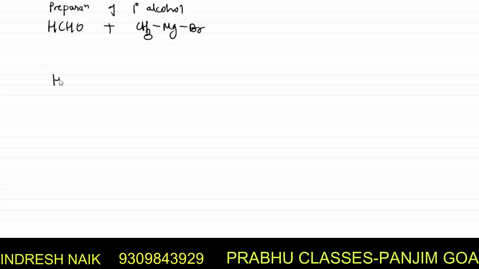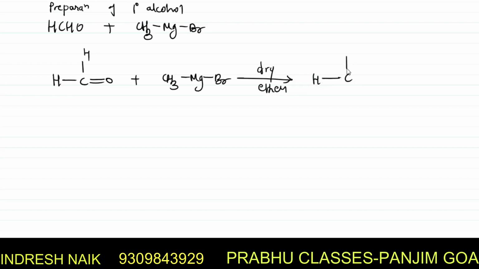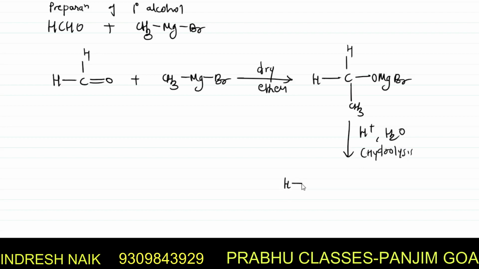So this is HCHO, here also H, double bond O, and this is methyl magnesium bromide. In the presence of dry ether, this is hydrogen, this is hydrogen, this is O MgBr, and this is CH3. Further, hydrolysis by water will give you the compound which you are going to get.